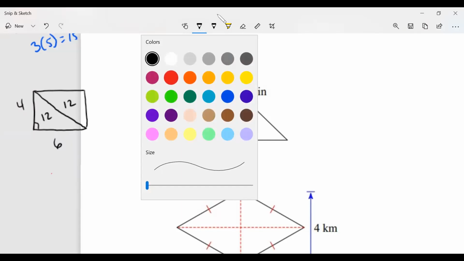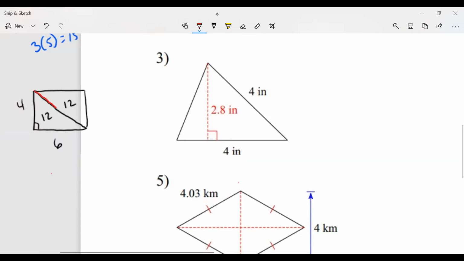Interesting, though, is that half of a rectangle, if I pay attention to it, half of a rectangle is a triangle. I only needed the two numbers that make the 90-degree angle. The longest side, the hypotenuse of my triangle, I did not use.